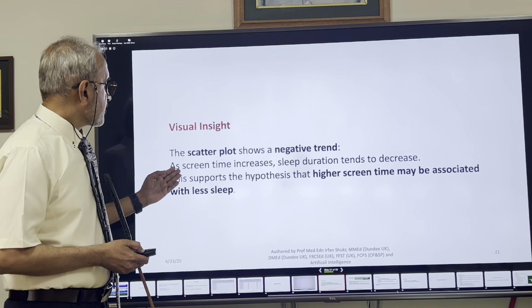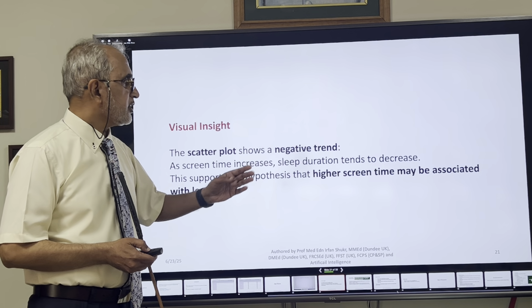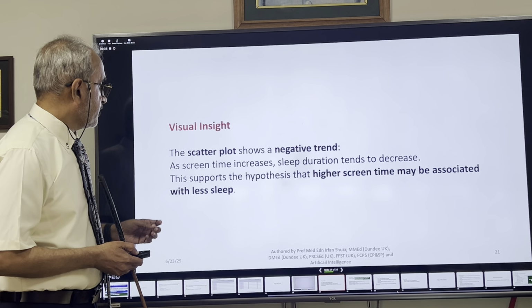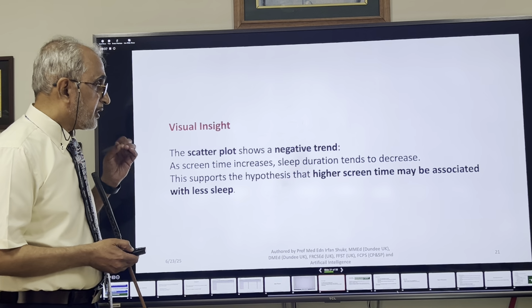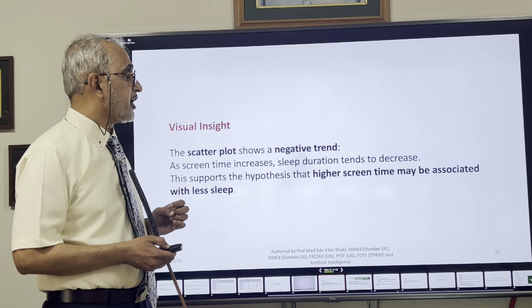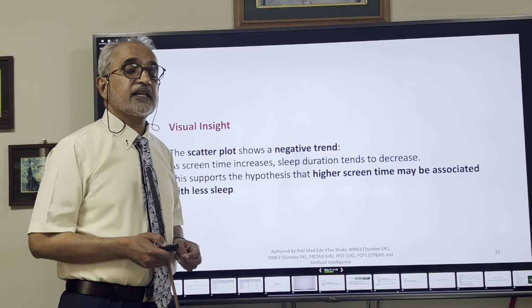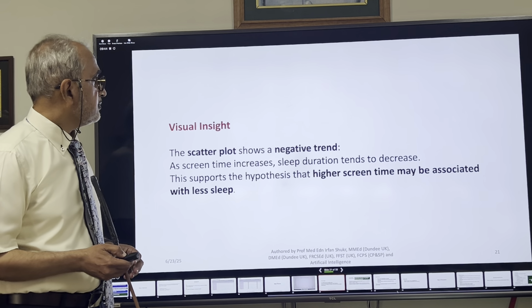Obviously, as screen time increases, sleep duration tends to decrease. This supports the hypothesis that I made, that higher screen time may be associated with less sleep.